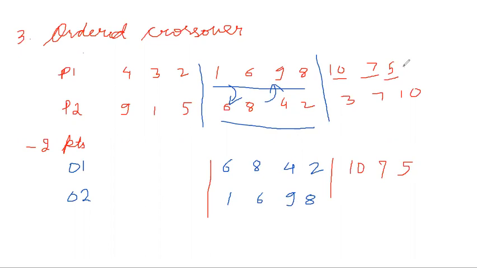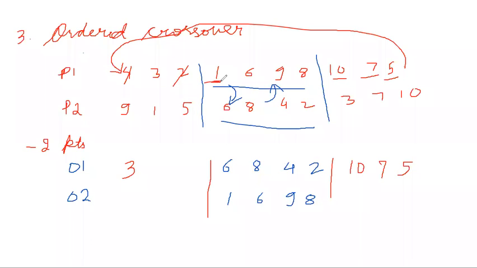Now I move in the cyclic direction to the next element. Here it is 4. 4 has already occurred, so I cannot copy it, I'll cross it. Then I come to the next element, 3. 3 is not there till now, so I can fill this vacant position with 3. What is the next element? 2. 2 has already occurred, so I cannot use it.